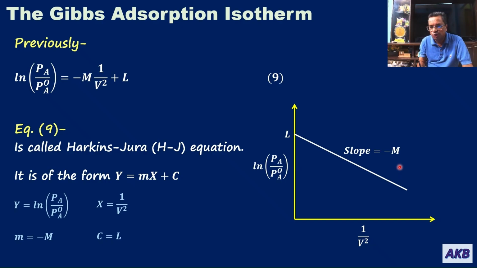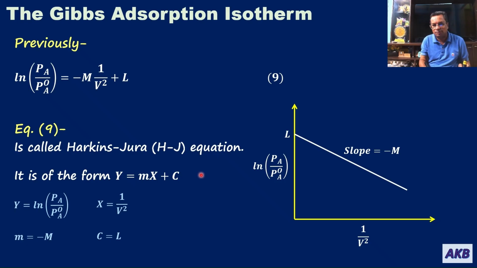So by knowing the slope or intercept, because you have AS in both the terms, you can find out the area of the adsorbate. So in this way, we have put the Gibbs adsorption isotherm in an appropriate form, a form which is useful to find the area of the adsorbate.